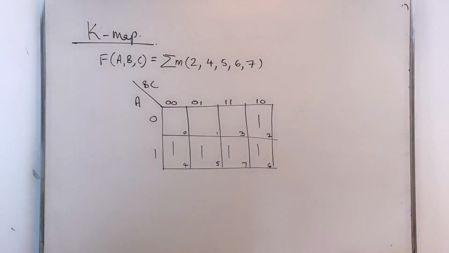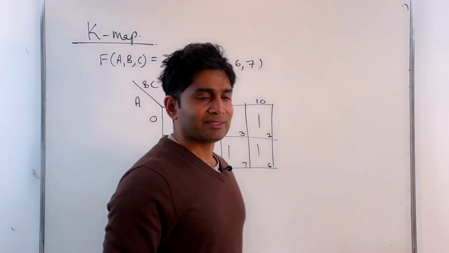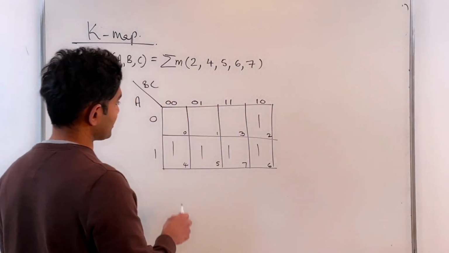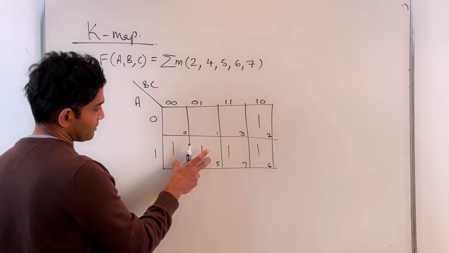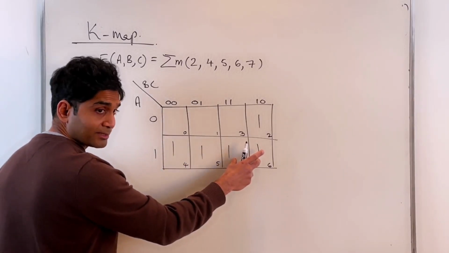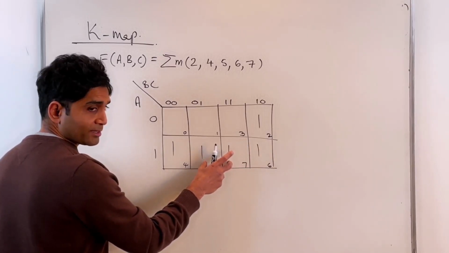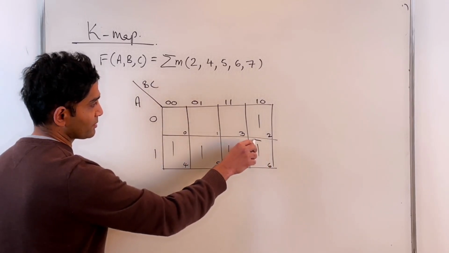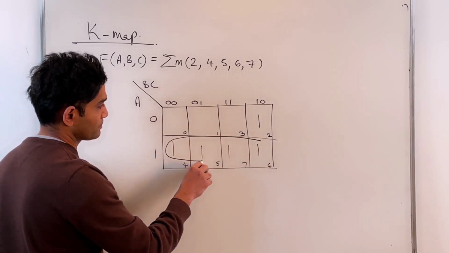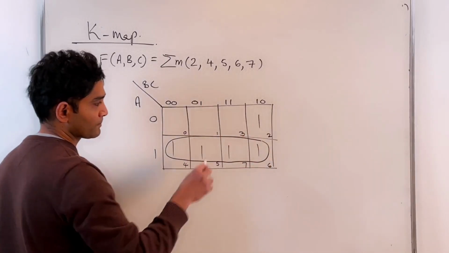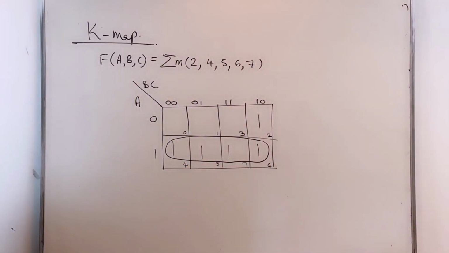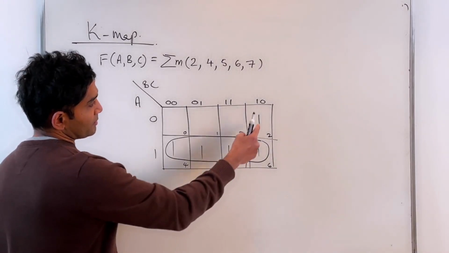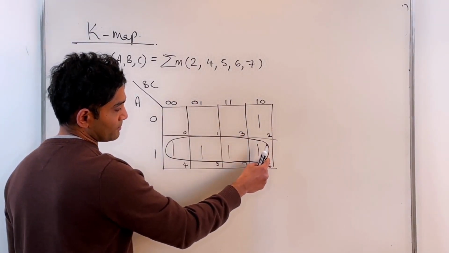And now I need to combine the cells. I see that these two cells are adjacent, these two cells are adjacent, these two cells are adjacent. That means I can combine these 4 adjacent cells into a single combination. I also see that this cell is adjacent to this cell.